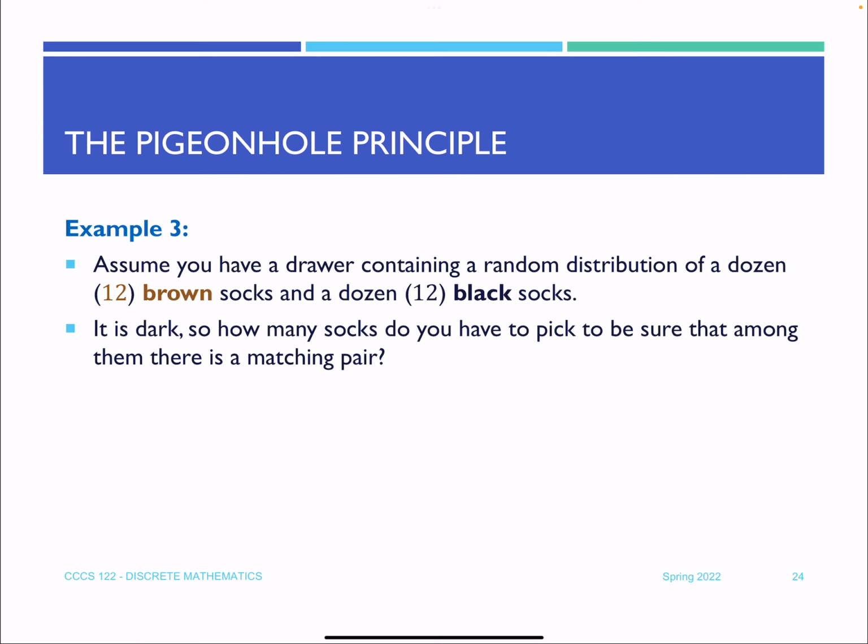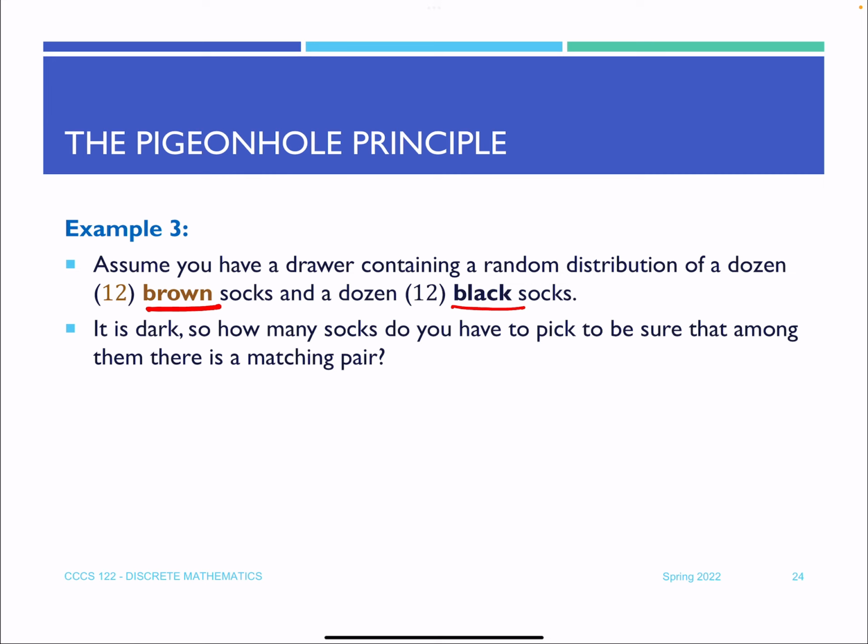Another example. Let's say you have a drawer containing all of your socks, and your socks are of 2 different types. They're either 12 brown socks and 12 black socks. It's in the morning, it's dark, you don't want to turn on the light for some reason, and you want to pick out enough socks that you get at least one wearable pair, assuming that you want both socks to be of the same color.